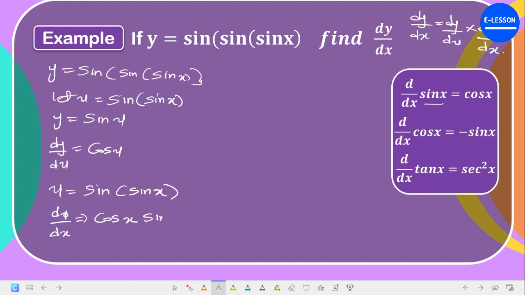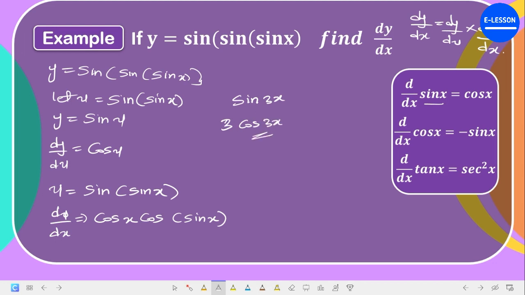So this gives us sine of sine x again. It's more like you have sine 3x. What did we do? We differentiated 3x to give us 3, then we differentiated sine to give us cos, then wrote 3x again.